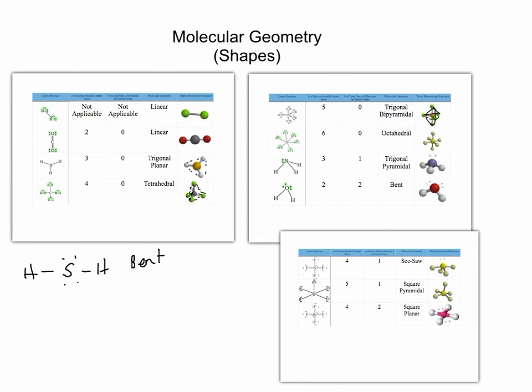Here's another one. This molecule is CH2O. Oh, I gotta complete octets. Oops. Okay, octets are now complete. So we have 1, 2, 3 atoms around the middle with no lone pairs. So that gives us a trigonal planar geometry.